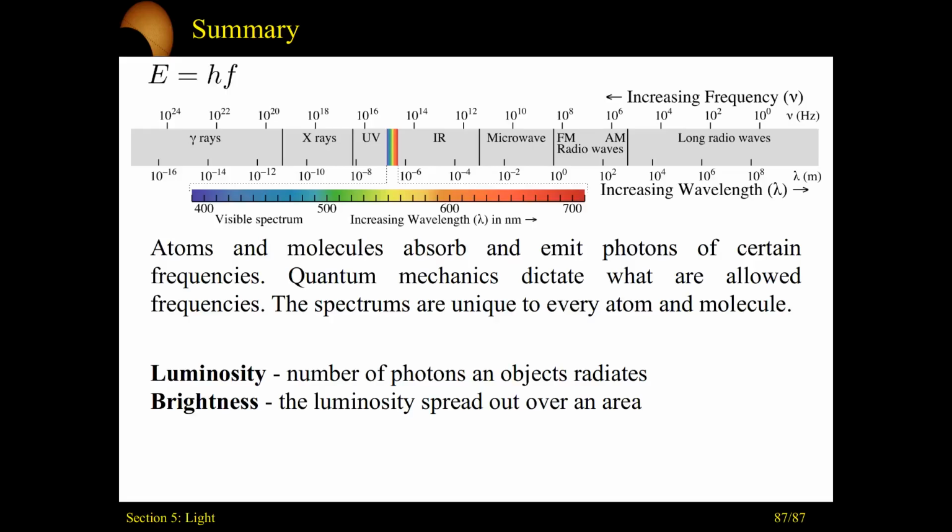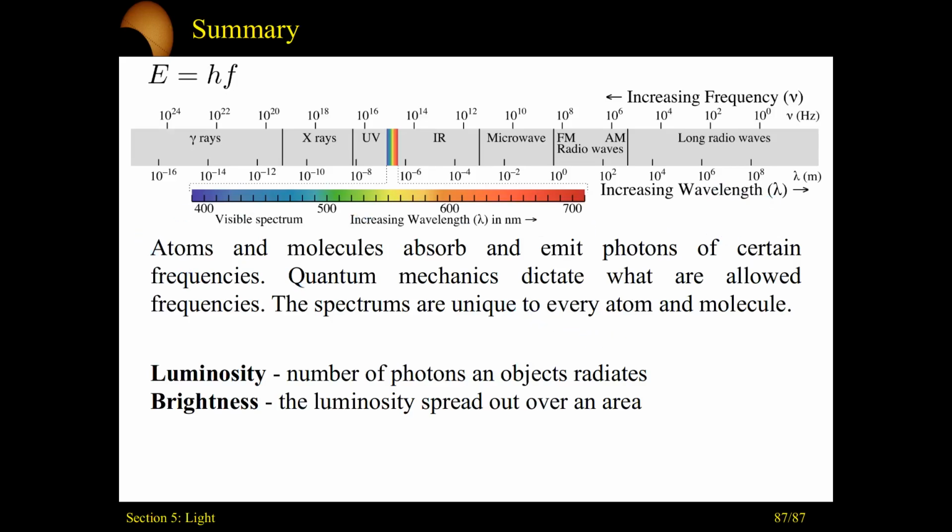In conclusion, the energy of a photon is given by Planck's constant times the frequency. The greater the frequency of the wave, the greater their energy. And light comes in a very broad electromagnetic spectrum. As the wavelength gets longer and longer, the frequency gets smaller and smaller to conserve the speed of light.